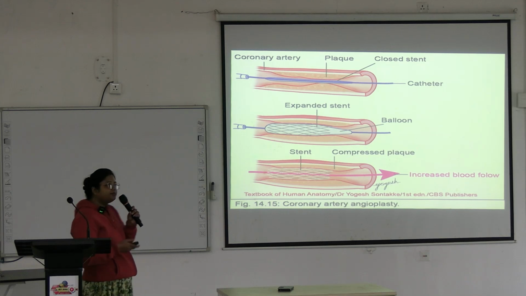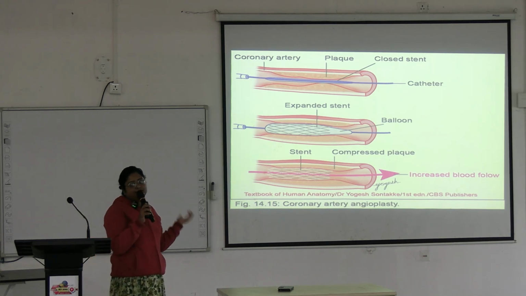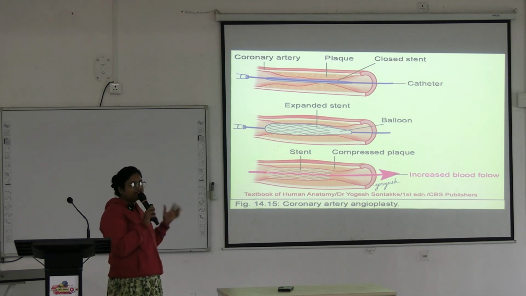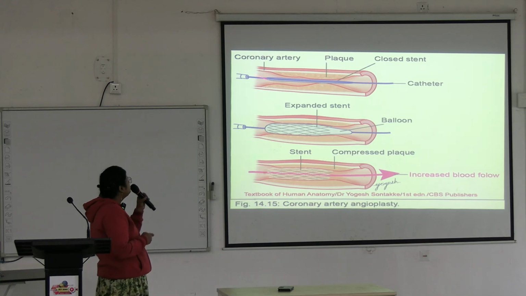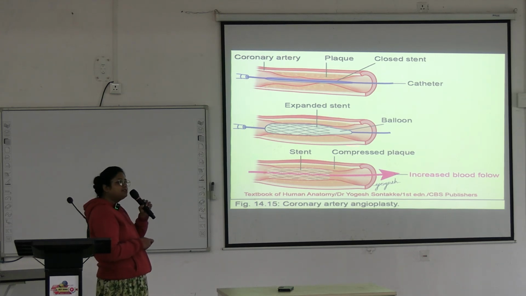Next, how will you treat? This is a coronary angiogram. If you see there is blockage, then what will you do? You have to do coronary angioplasty to treat the patient. So this is how angioplasty is done. A catheter is pushed with a balloon in situ, and there is a stent which is expanded through the expansion of the balloon, and the mesh is kept here.